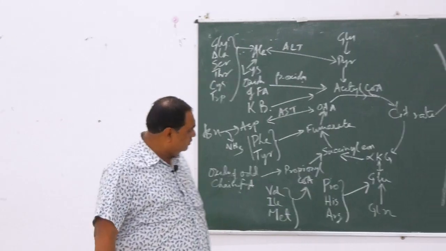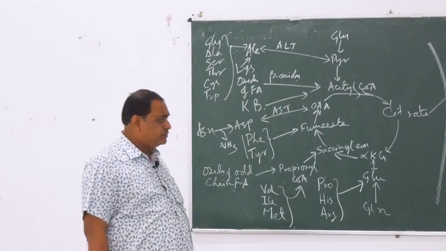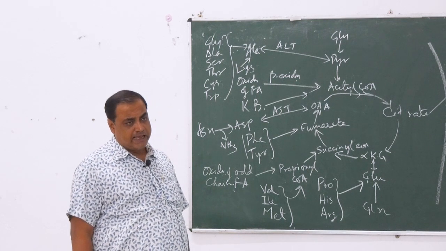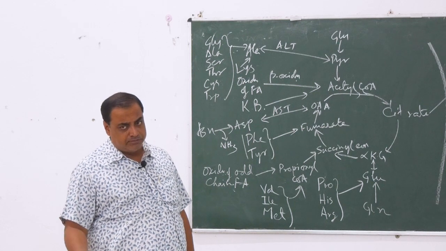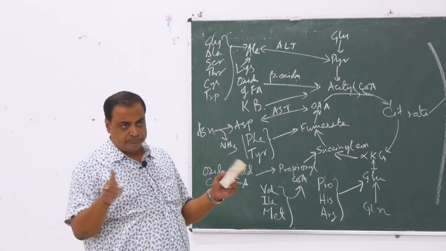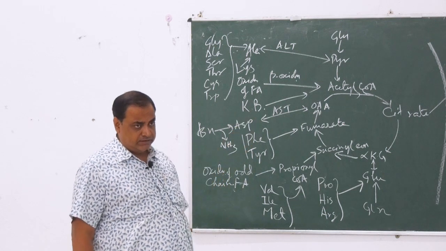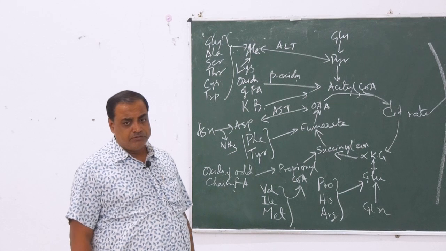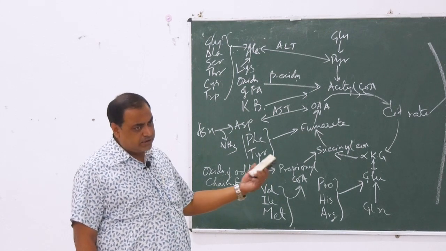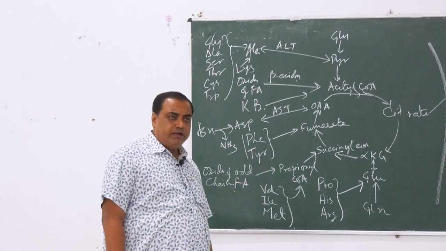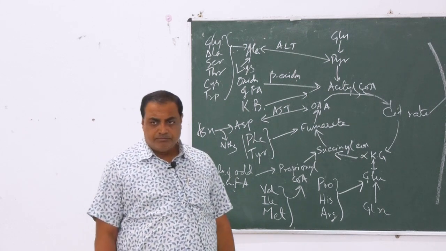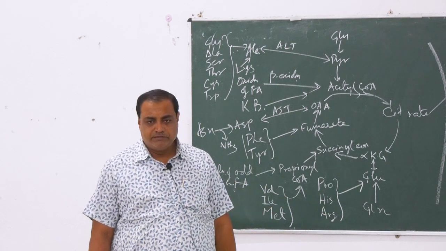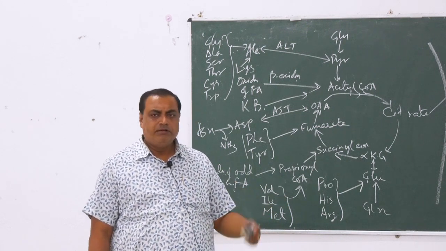So if the question comes, explain that the TCA cycle is amphibolic in nature, neither only catabolic nor only anabolic, but both. This is the answer. Describe the entry and exit points of different biomolecules, amino acids into the TCA cycle. This is the answer. Describe how it acts as a central metabolic hub for both anabolic and catabolic pathways. Answer. One answer, many questions.